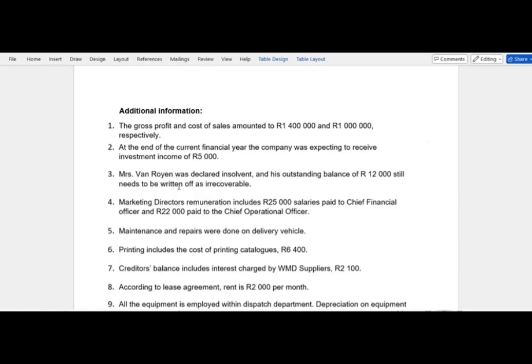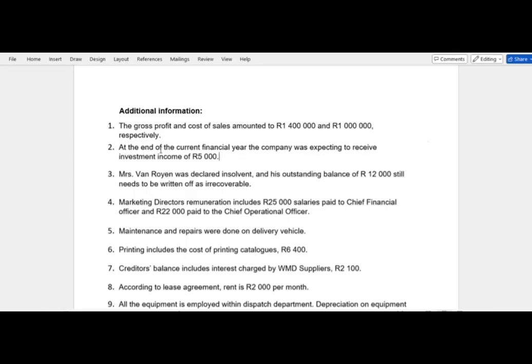Transaction number one says the gross profit and cost of sales amounted to 1,400,000 and 1 million respectively. Remember we are focusing on transactions that are going to affect admin expenses and distribution expenses. Number one affects gross profit, sales and cost of sales. We are not there for now.